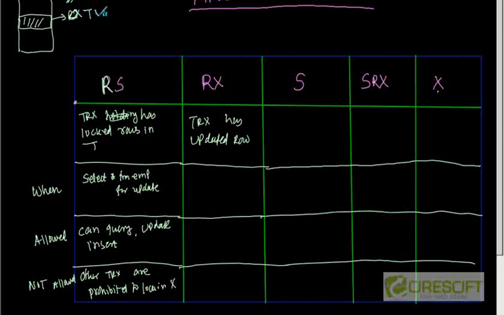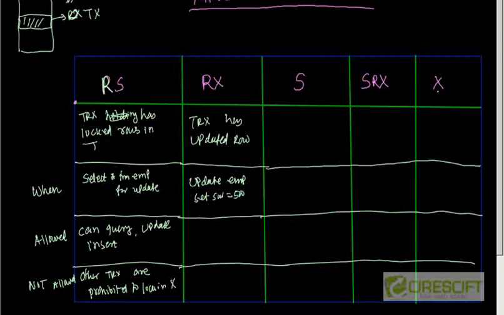Sorry, the transaction row lock is called TX, not RX. So we hold an RX lock on this table when, for example, I'm doing update EMP set sal equal to 500.